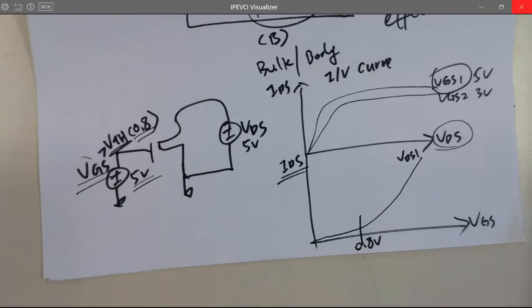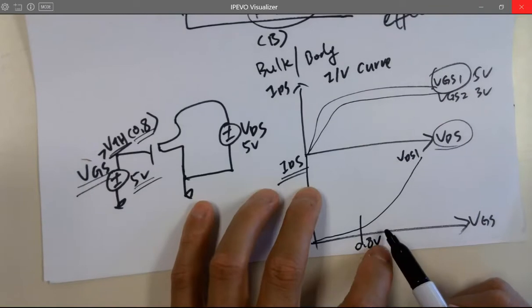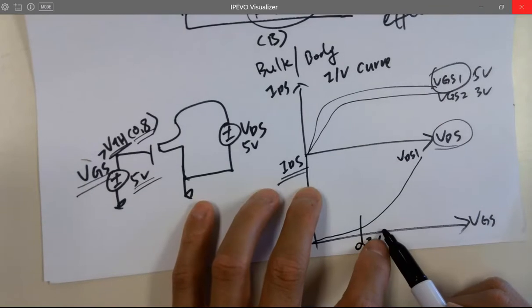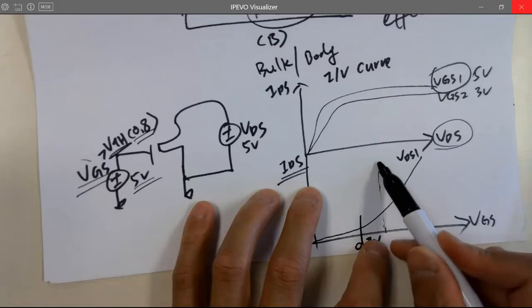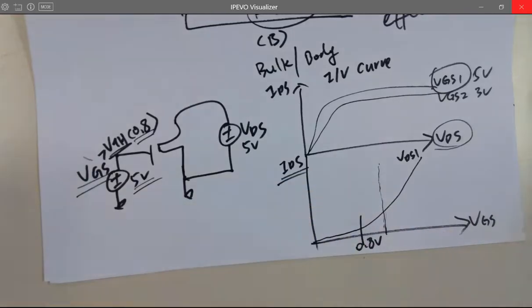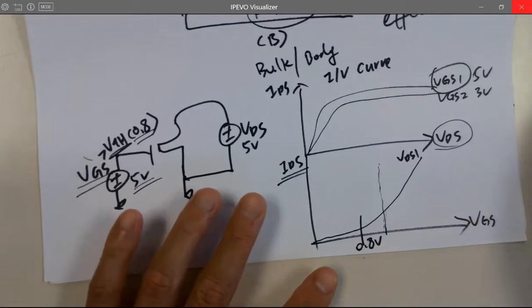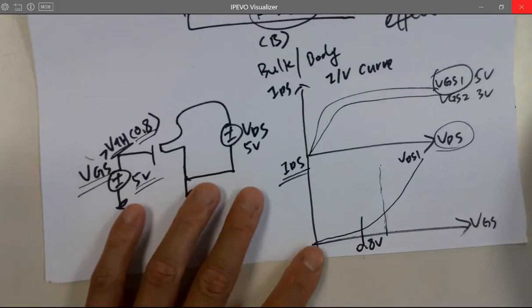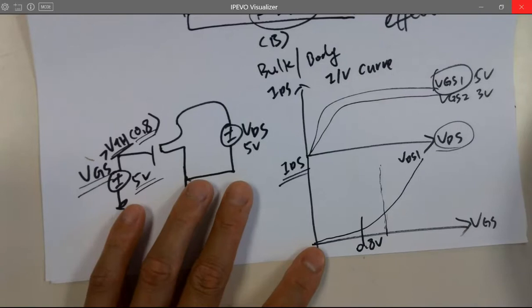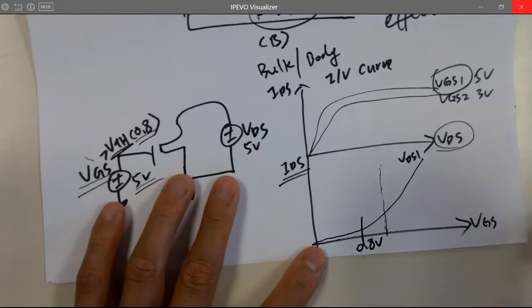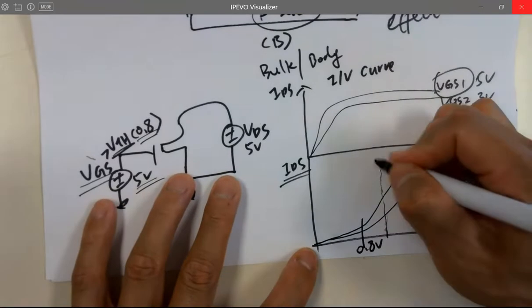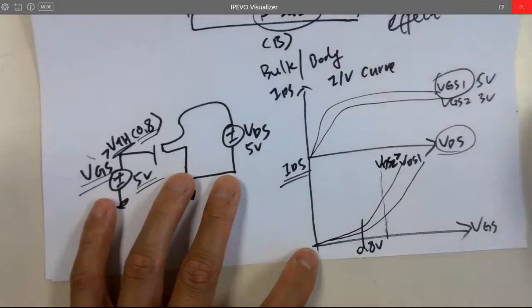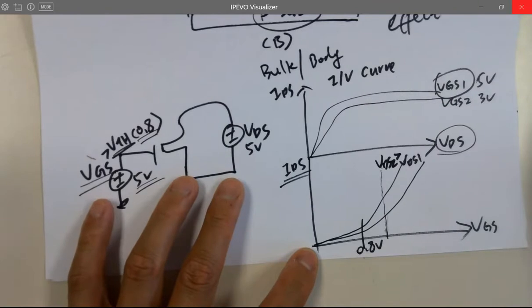Yeah, think about it. If you have a larger VDS, then whenever you have a certain VGS, right, you plot a specific VGS. Are you expecting a larger current or smaller current? Then you know where you should plot it, right? Larger current. That should be this. Okay.